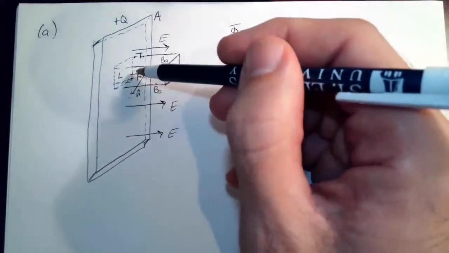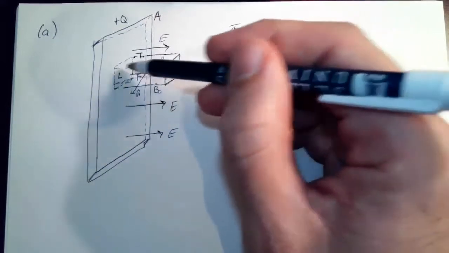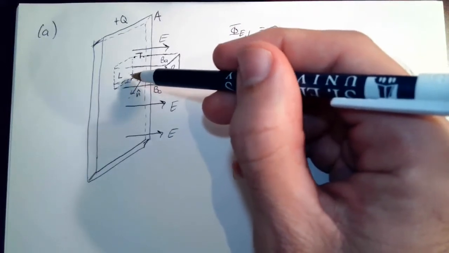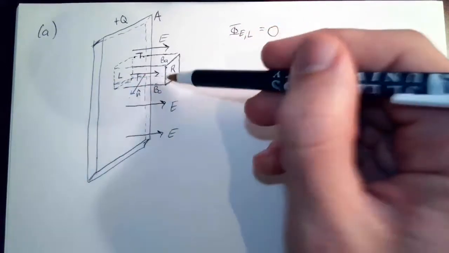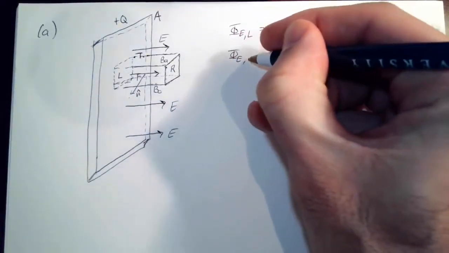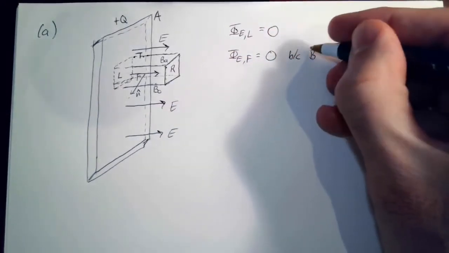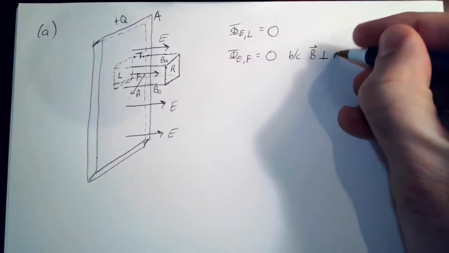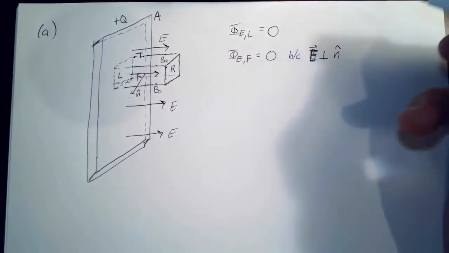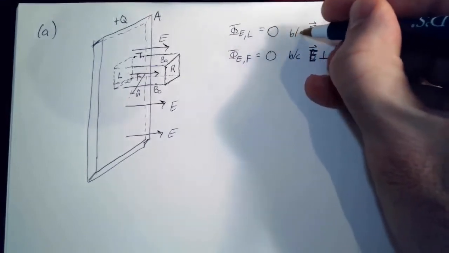Another way of thinking about this is that the electric field, since it's parallel to this face of the box, just skims along the face of the box. It doesn't actually go through the face. It doesn't go from one side to the other. So the electric flux on the front face is zero. And this one is because E is perpendicular to n hat. And the left one is because E is zero inside the conductor.